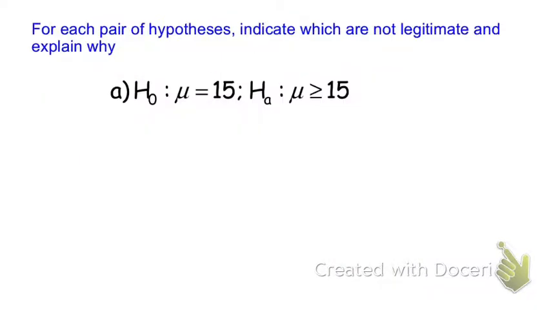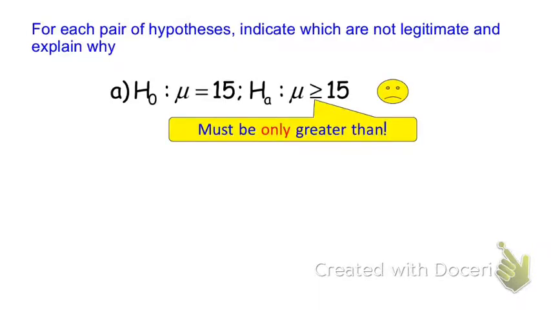Okay, so here's A. We've got mu equals 15 and mu is greater than or equal to 15. Do we think that this is good or not good? Not good because why? Perfect. It must only be greater than, it can't be greater than or equal to. So I want you to correct it by changing the greater than or equal to to just greater than.